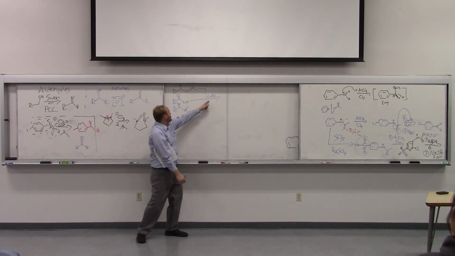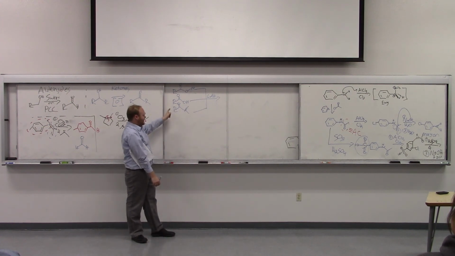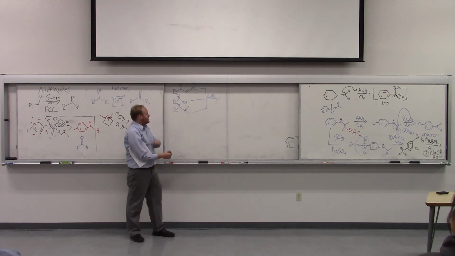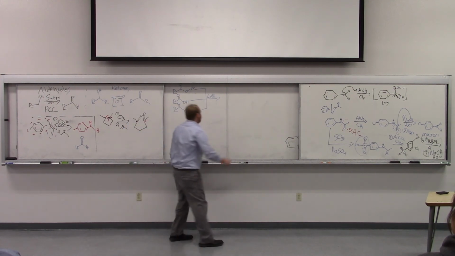In the presence of LAH, esters, carboxylic acids, and amides are going to all go to the primary alcohol via addition of two hydrogens to the carbonyl carbon. So, exam 1 stuff.